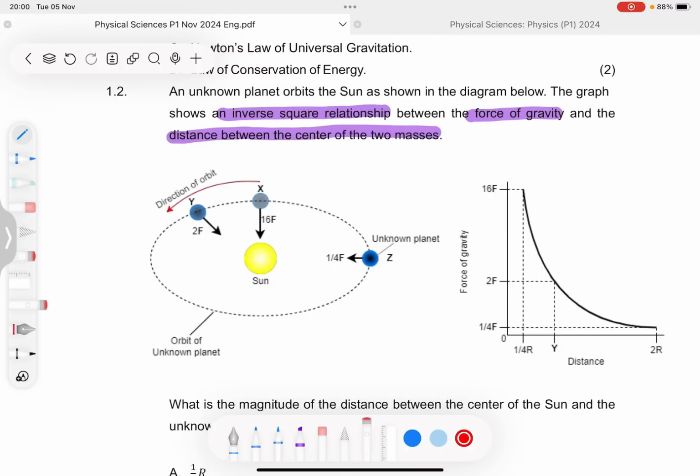Now I'm going to do the same to determine what we get at y if the force is F over 2. So this point here is point x. Now we want to see what we get at point y when we have F over 2, meaning when we are here, right?